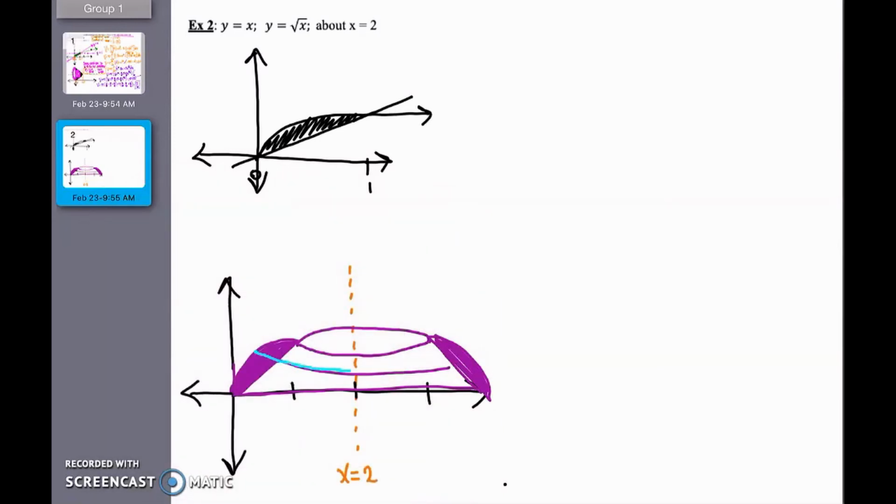My cross sections here that I create when I do this, once again, are going to be circular washers. This looks sort of like an alien spaceship or something like that. Okay, so it's going to kind of look like that. All right, I know, sorry, I'm not the best three-dimensional drawer, but you get the idea.